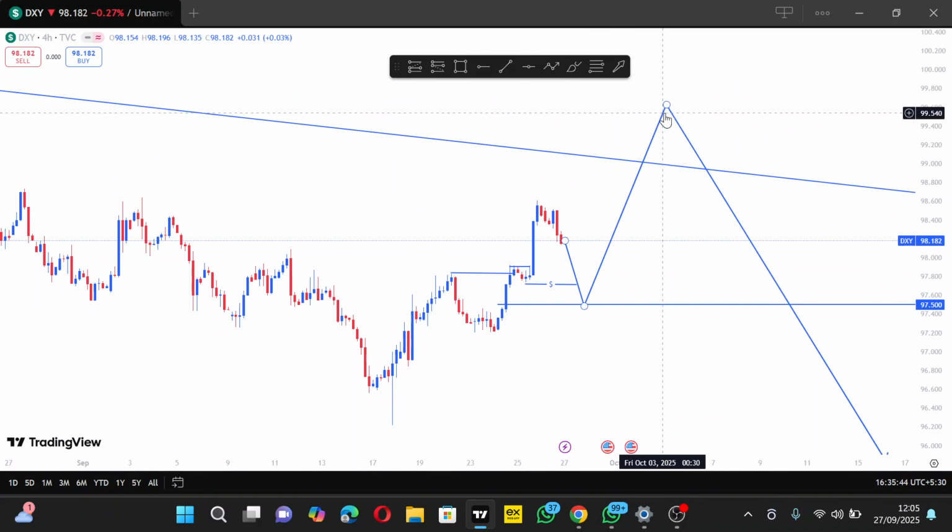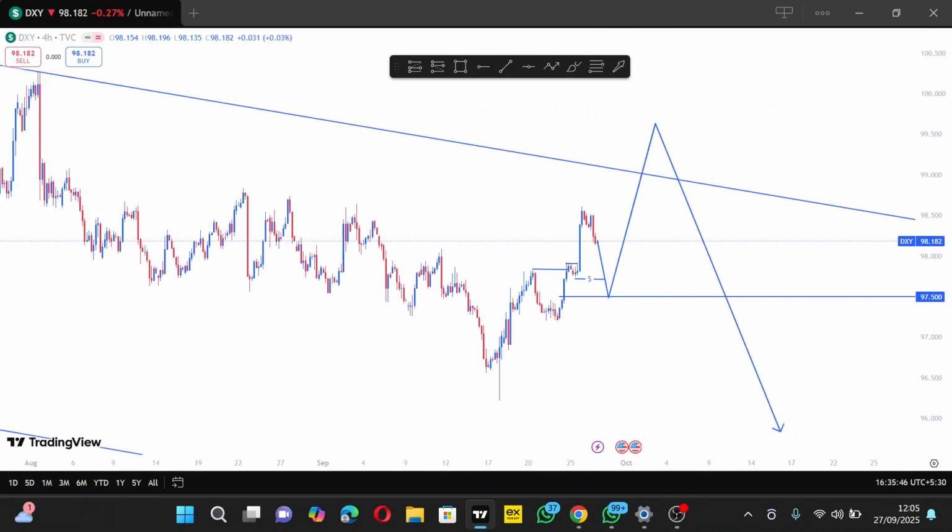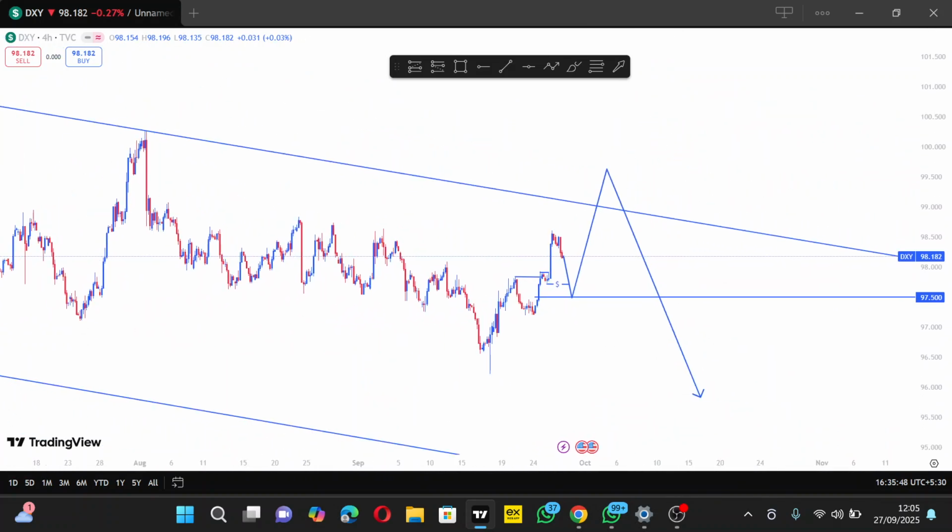Same thing with GBP USD, expecting price to take that high to sell and get to that area before we start buying. Once DXY is selling from here, those ones will be buying from that place. That's why it's called the dollar inverse.